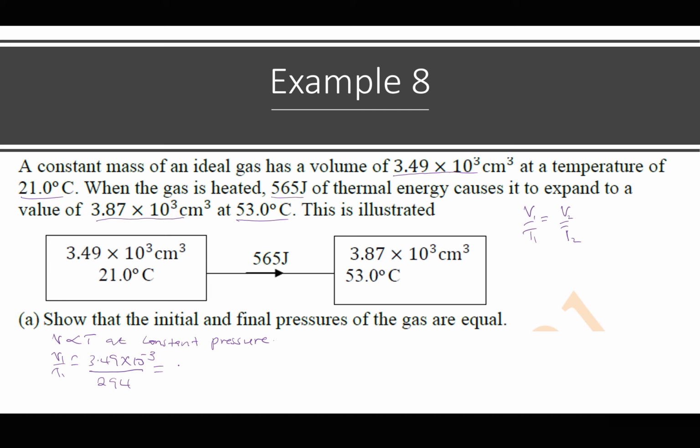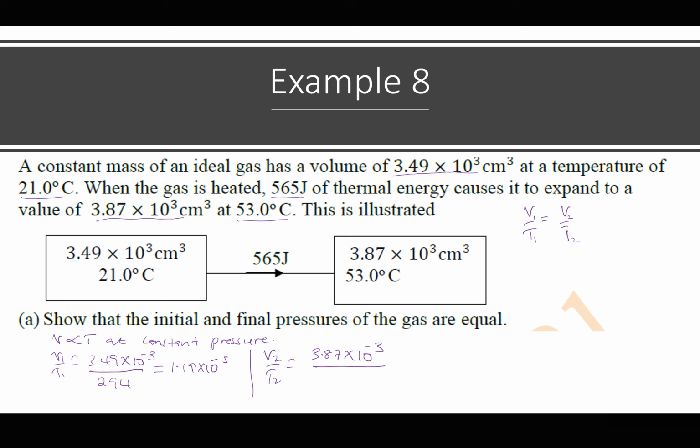So to three significant figures, I'm getting 1.19 times 10 power of negative 5. That is V1 over T1. Let me check V2 over T2. V2 over T2 will therefore be 3.87 times 10 power, when I change from centimeters cubed, it becomes negative 3.